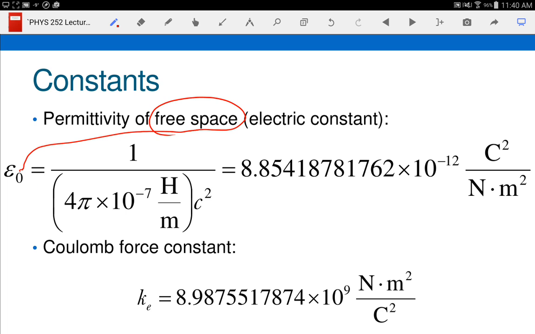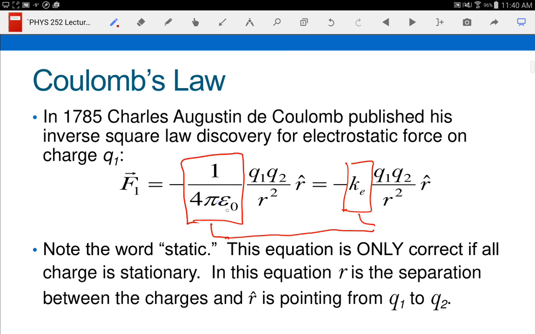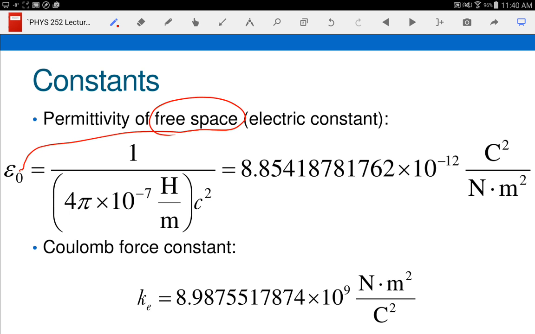And if you take that constant, it's 1 over 4 pi times 10 to the minus 7. It's actually a really nice, simple number. And so you get this value, and it relates to k by the relationship we saw right here. 1 over 4 pi epsilon 0 is equal to k. I hope I did everything here right.